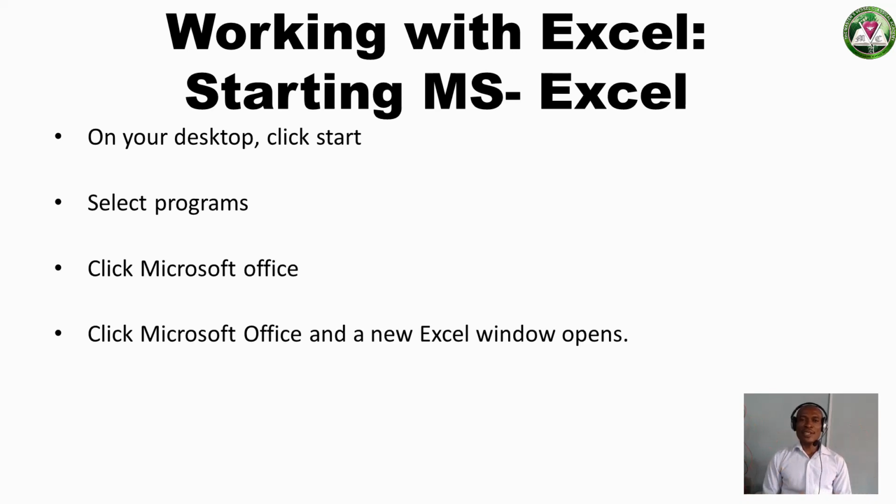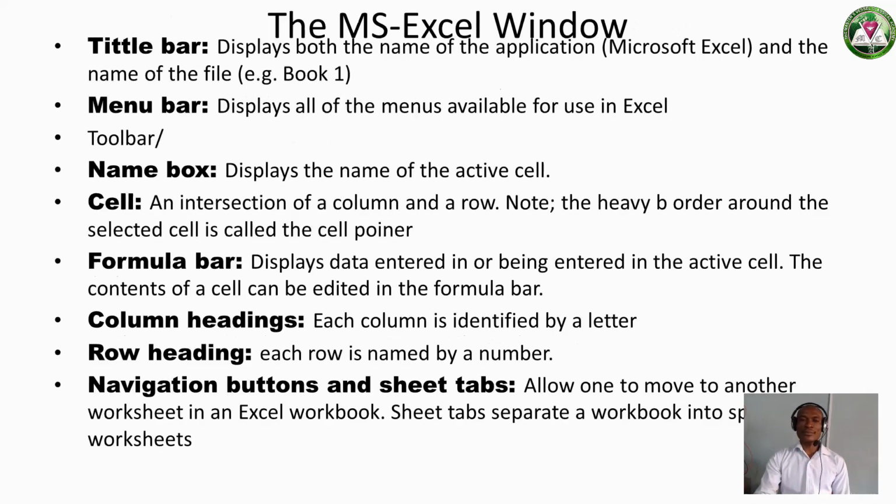From the Start button, you select Programs. From Programs, you click on Microsoft Office. When you click on Microsoft Office Suite, from the list of programs there, you now click on Microsoft Office Excel, and a new Excel window opens.